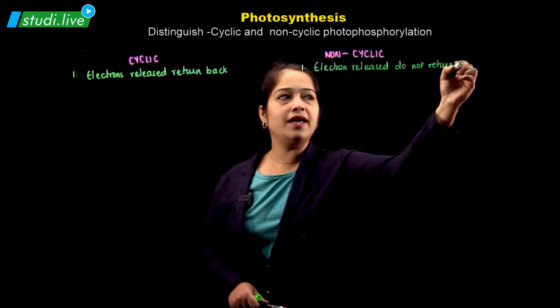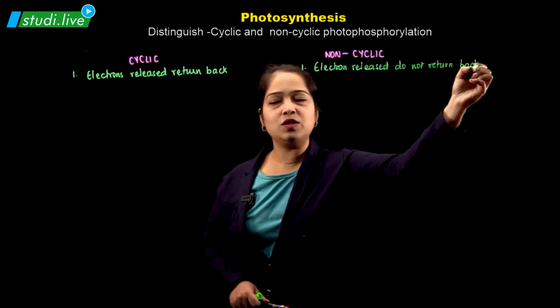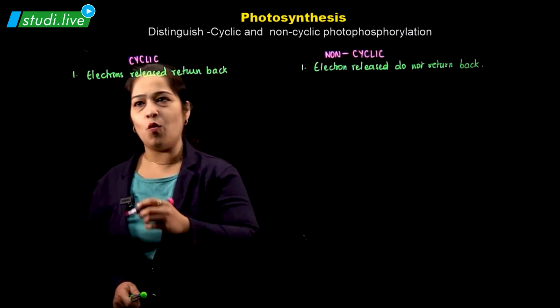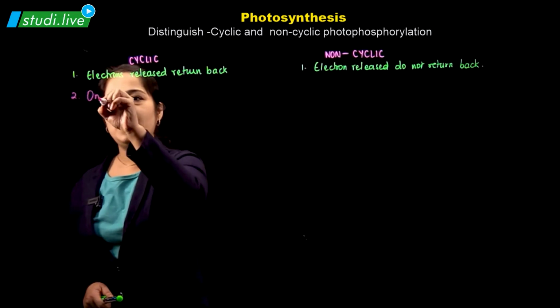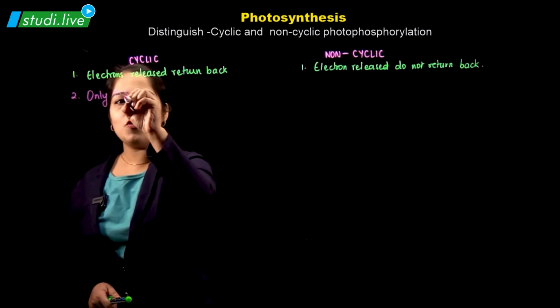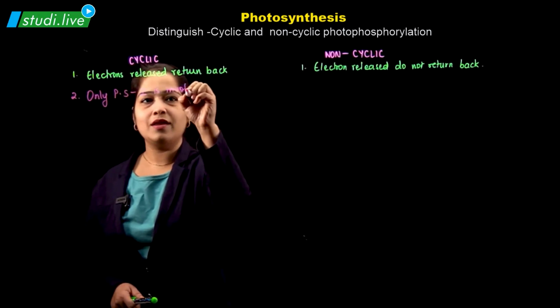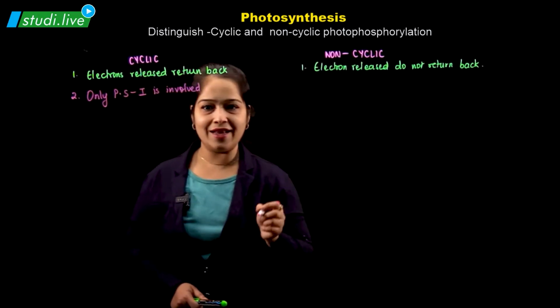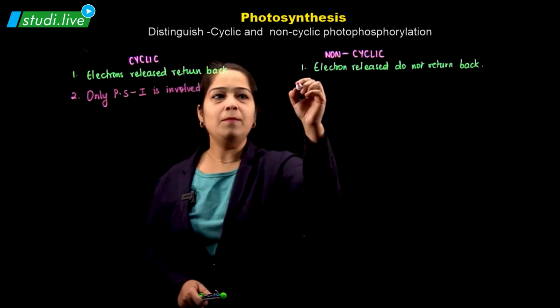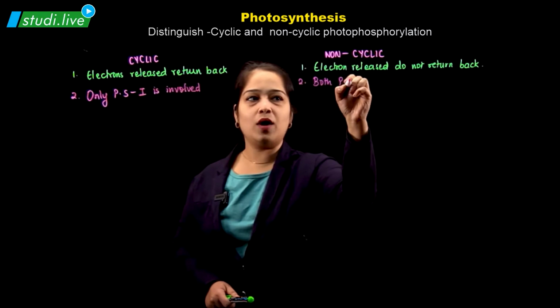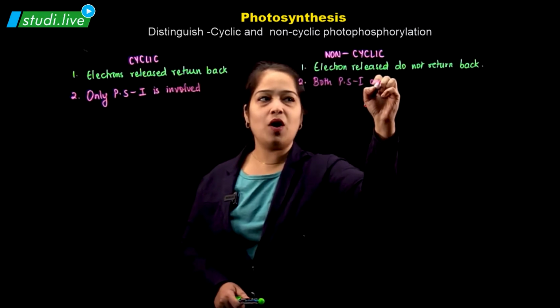In cyclic we have only PS1, which is pigment system 1, involved. And in non-cyclic we have both PS1 and PS2 involved.